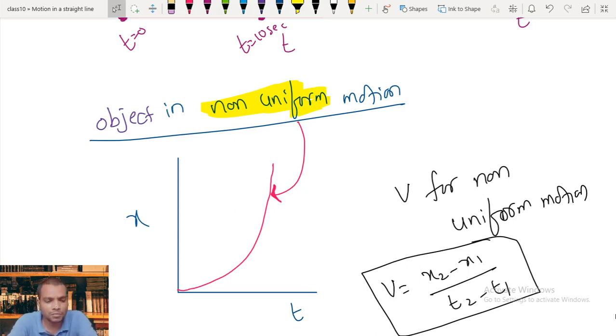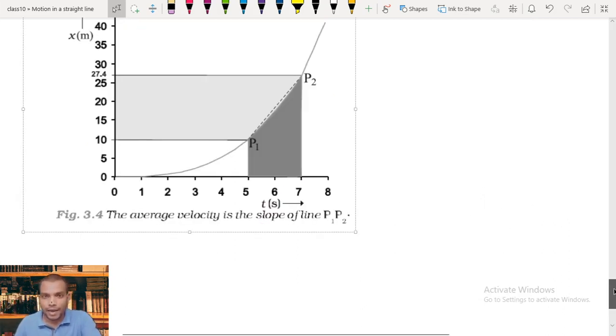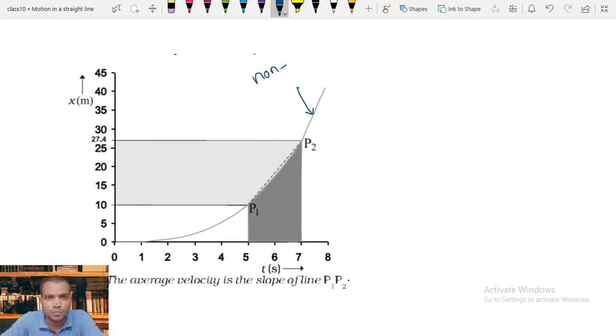Let me take one example for better understanding, given in our textbook. This curve represents non-uniform motion, position versus time.